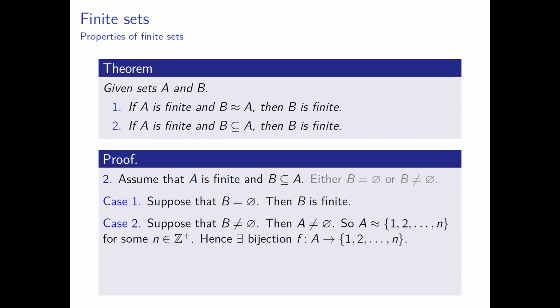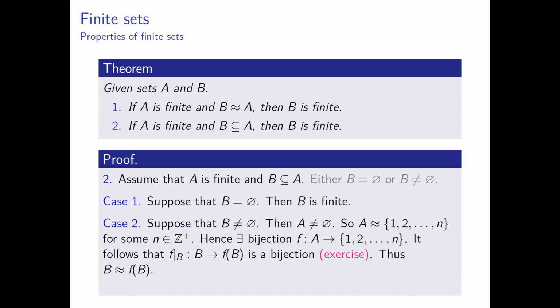Hence, by the definition of numerical equivalence, there is a bijection f from the set A to the set of integers from 1 to n. It can be shown that the restriction of f to the domain B is a bijection from B to the image f of B. The proof of this claim is left as an exercise.